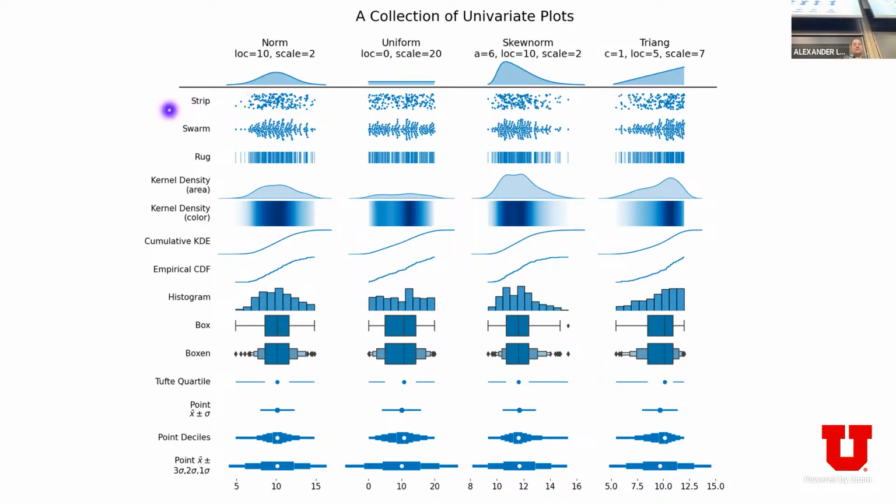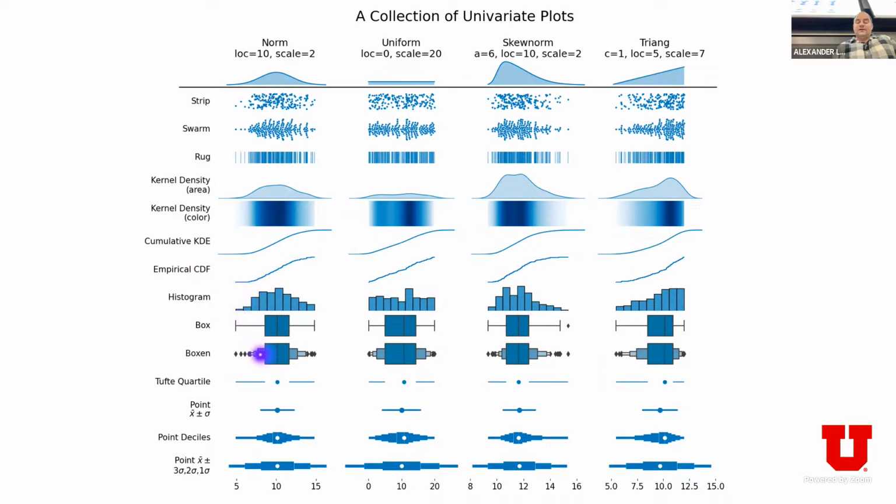A rug plot uses transparent lines, and as the lines overlap, you see these density patterns. We talked about KDEs. This is the same KDE, but instead of having a curve, we're just color coding it, right? That can be effective if you have a narrow area to draw. Cumulative KDE, empirical CDF, this is what I just talked about last.